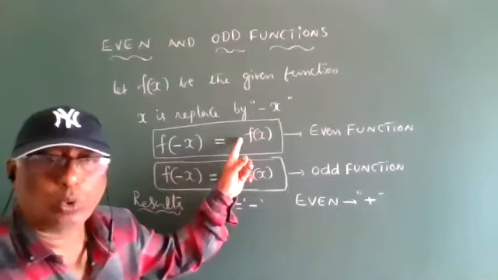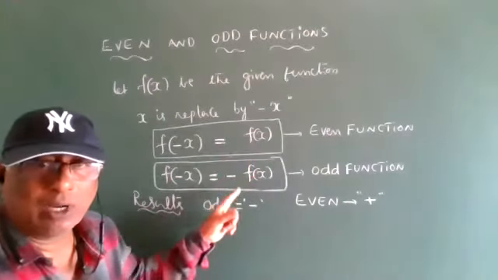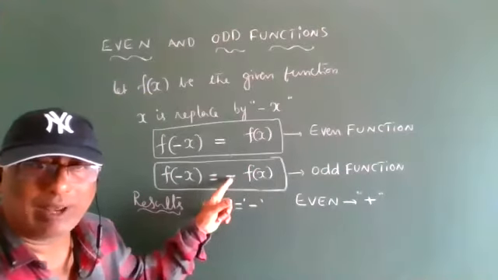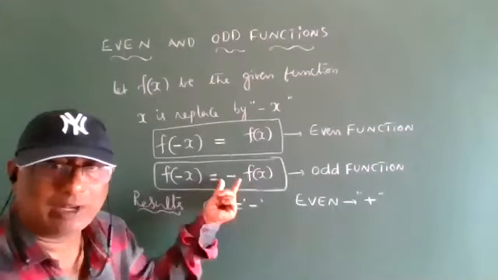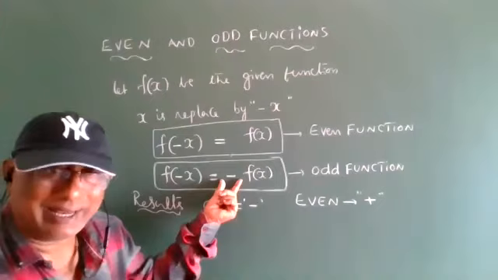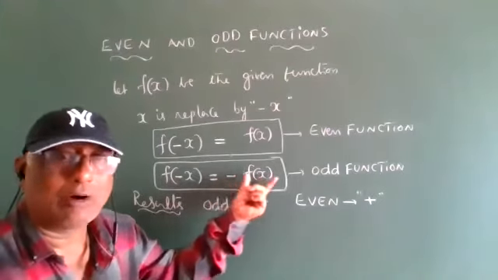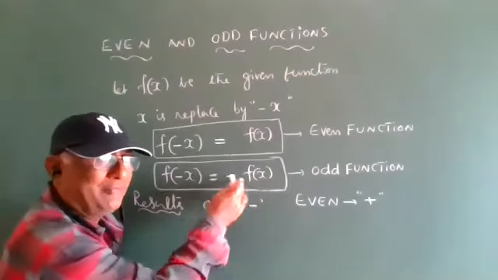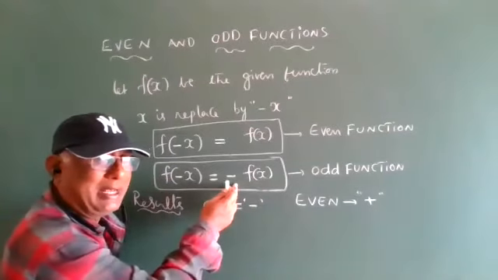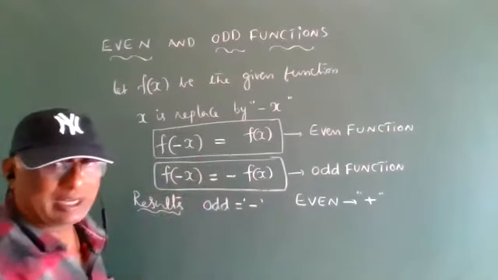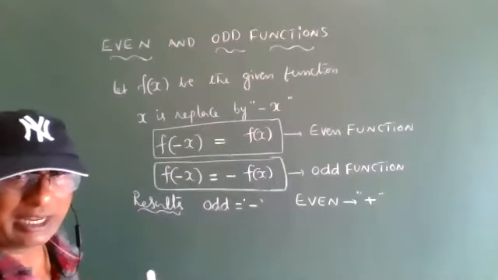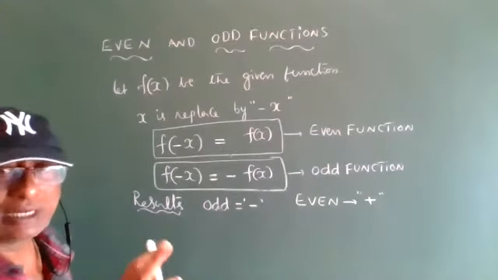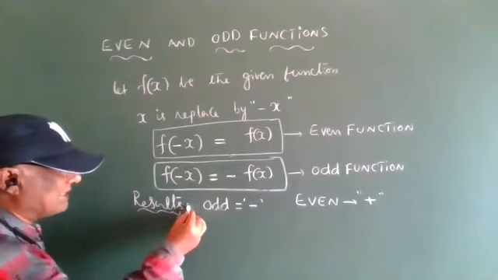Because the even function's total value is positive, and for the odd function the whole f of x is multiplied by minus, minus is common to the whole f of x. Therefore, it is a negative function. So the odd function is negative and the even function is positive.